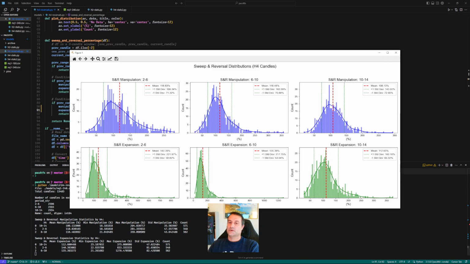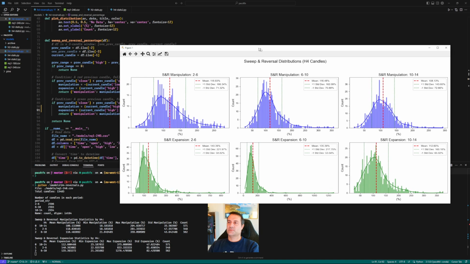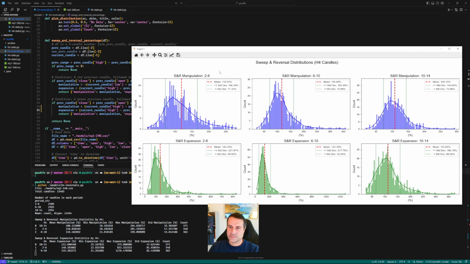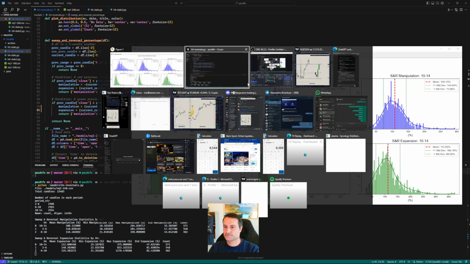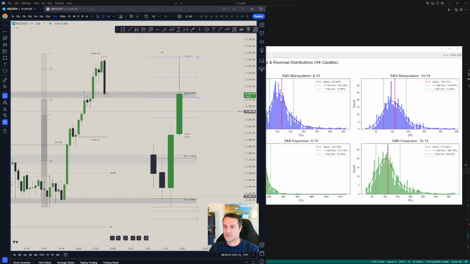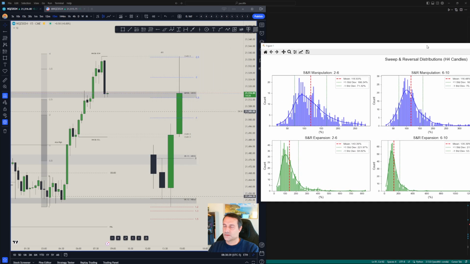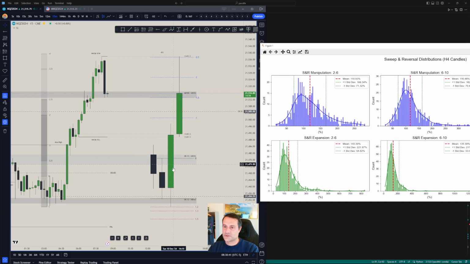So when it expands, how much will it expand over the previous candle? Let's put the chart to it so that we can make it visual. This one. All right. So in this case, which is exactly the case we're looking at, we manipulated up to 120% down. So see, the mean is 120.